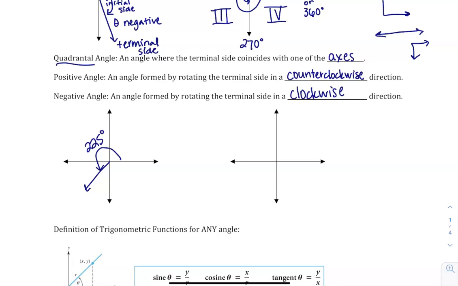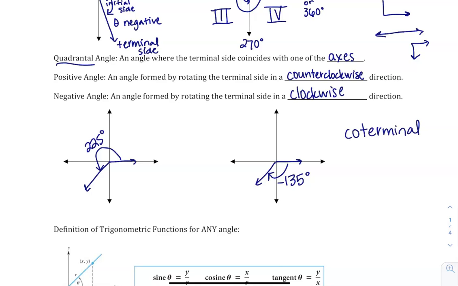But I can actually have an angle that looks exactly the same. I guess technically I'm on the positive x-axis as well. But I can get the same exact angle here, but going in the negative direction. When I go in the negative direction, I end up going negative 135 degrees. So it's kind of strange that you can get these angles that end at the same place, and we call these coterminal when they end up in the same location.